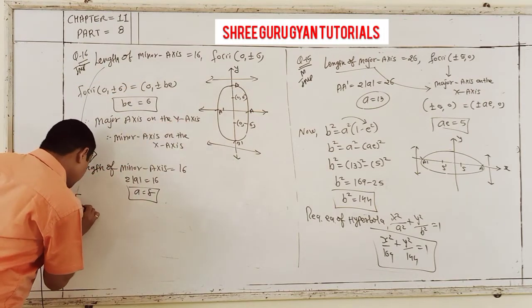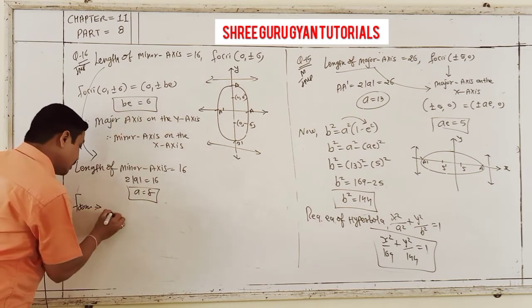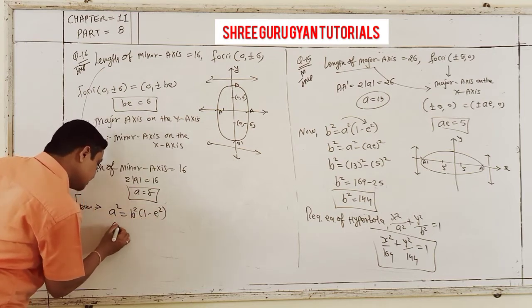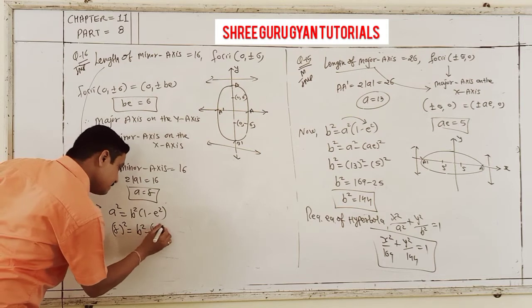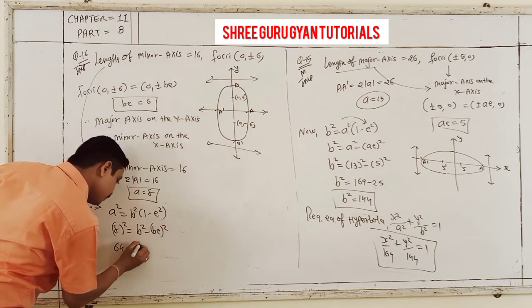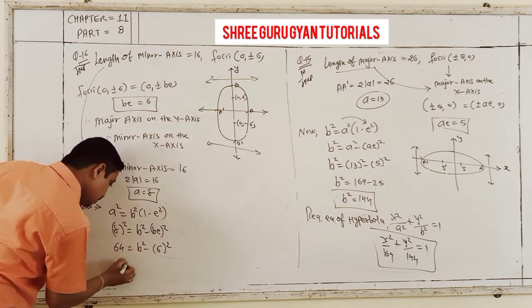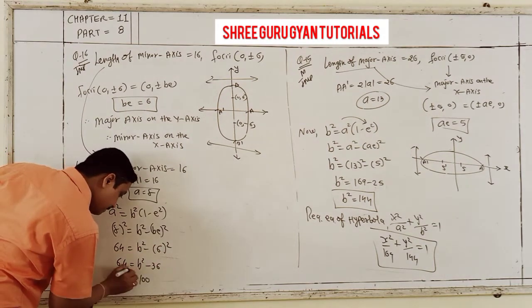So from the formula, according to the y-axis measure, a square is equal to b square times (1 minus e square)... that is, b square minus a square is 8 square, 64. What is b? 6. So 64 is equal to b square minus 36, and b square becomes 100.